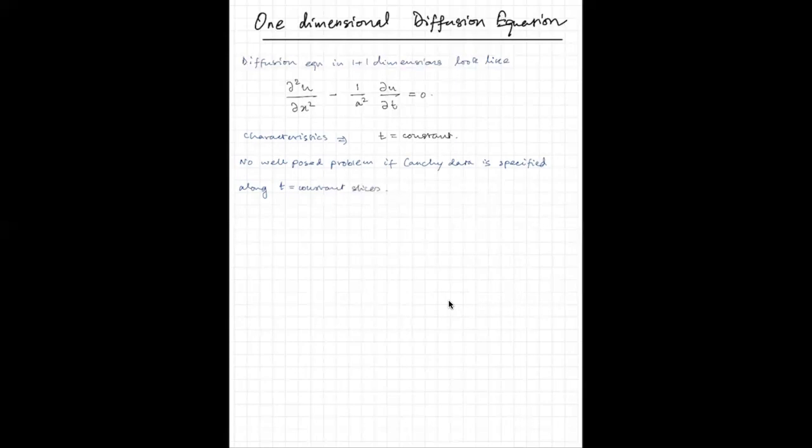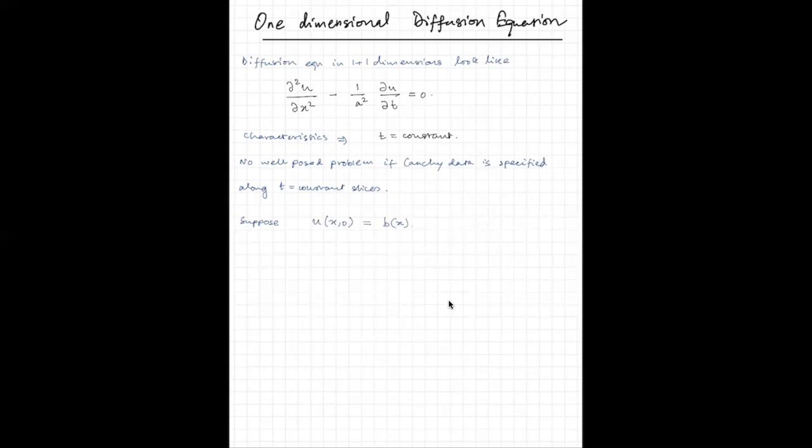Okay, so now suppose one specifies the value of u at a given time t equal to 0. So let's try and understand this a little better. Suppose you specify u of x, 0 is equal to some b of x.